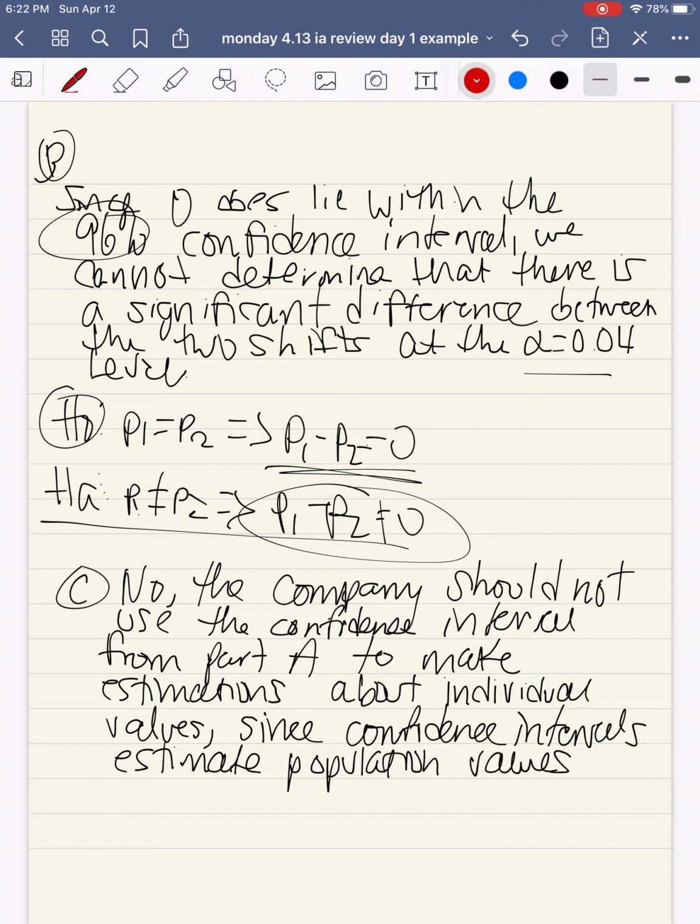I could also have said sample instead of individual, but regardless, we're saying the same thing. No, we shouldn't, because confidence intervals estimate populations, where here we are trying to estimate another sample and we can't mix the two. So that is not a good representation here.